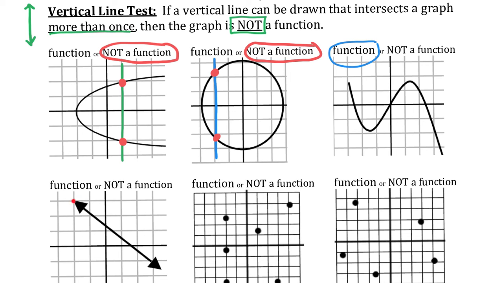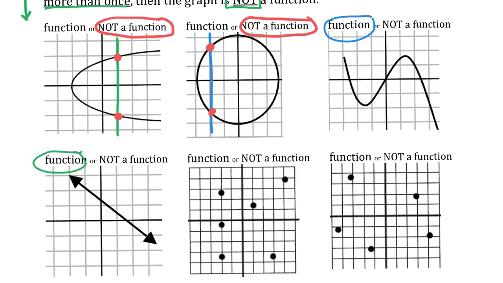Okay, let me check this line down here. If I drew a vertical line here, it would only intersect once. If I do it here, it only intersects once, once. I don't see any location where I can intersect the graph multiple times with the same vertical line, so this is a function. Okay, let's look at these ordered pairs. If I drew it here, I'll hit once, once.